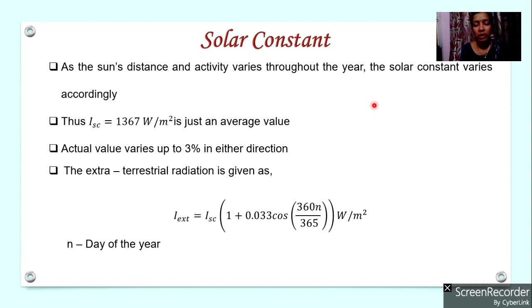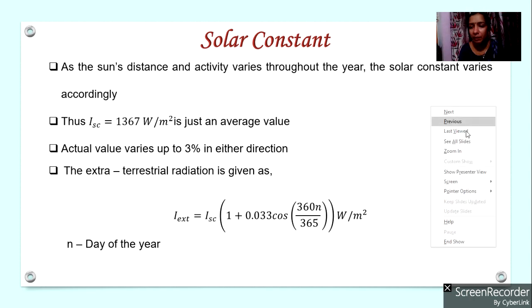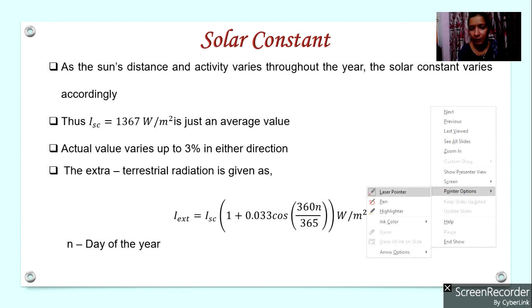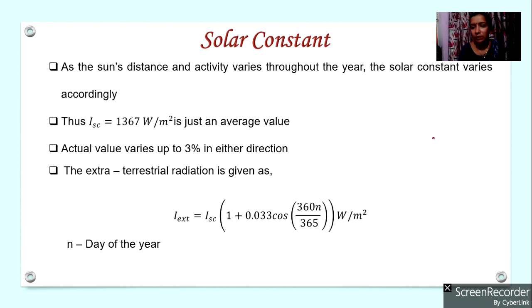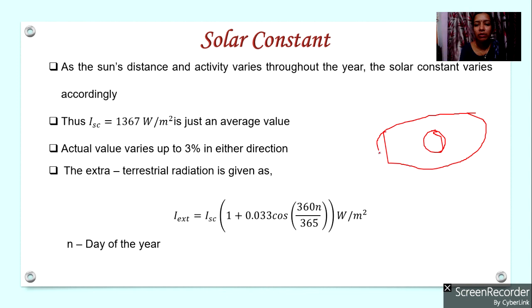So sun and earth തമ്മിലുള്ള distance change ചെയ്യും അല്ലേ? Elliptical path, how will be an elliptical path? See, if this is the sun, the earth is revolving around the sun in an elliptical path like this. It is not a circular path.